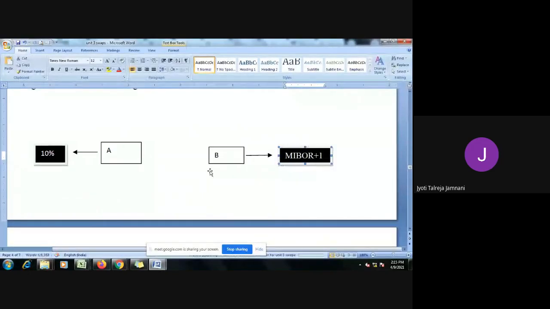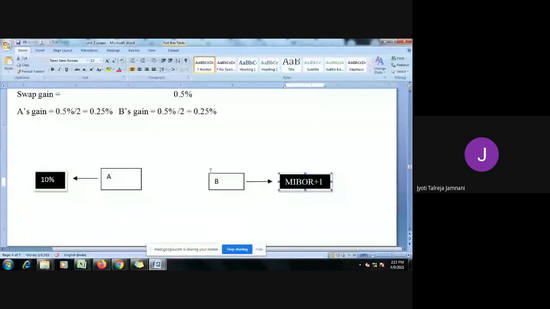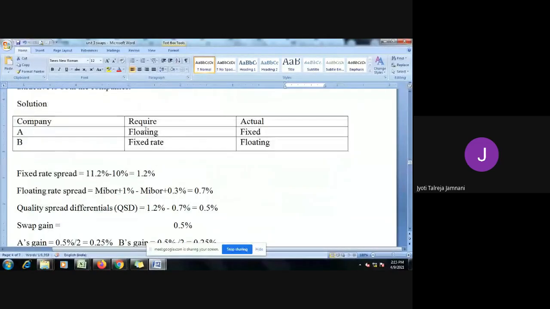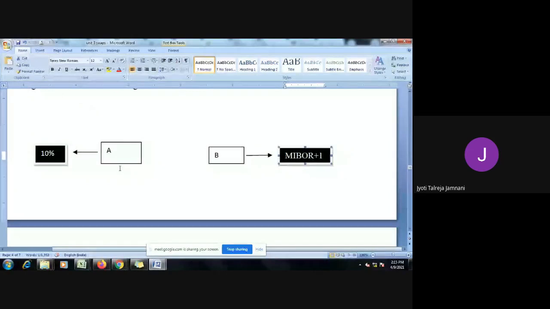Okay, now we'll see the transfer, how it will happen. A required floating, so A will transfer floating rate to B directly here.